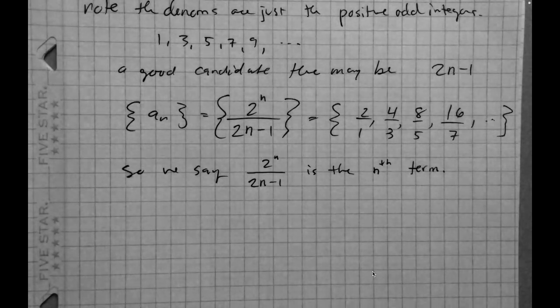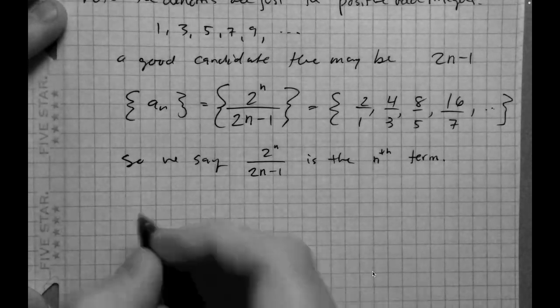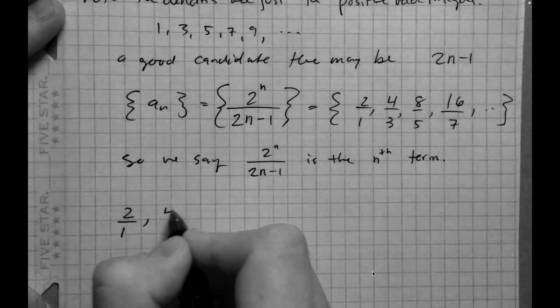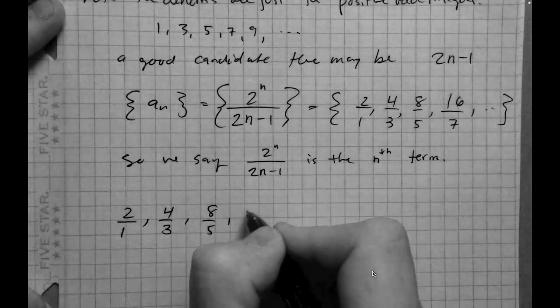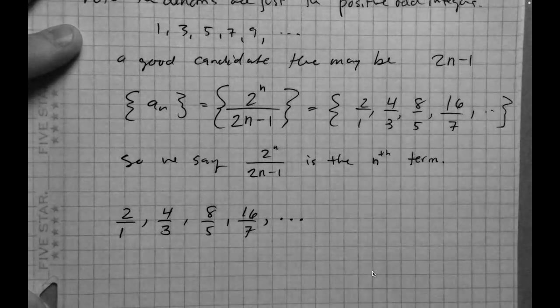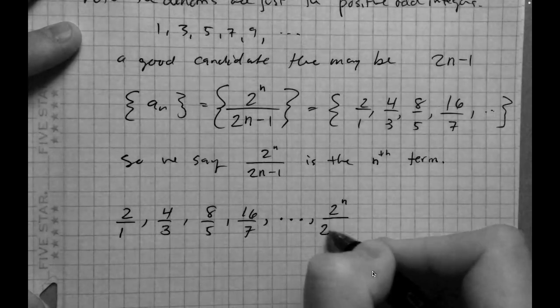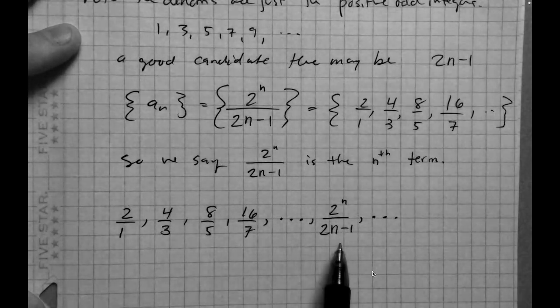Okay, now sometimes that can throw people, so let me just elaborate on what we mean by the nth term. If you can imagine, you've got 2 over 1, 4 over 3, 8 over 5, 16 over 7, dot, dot, dot, and then somewhere out here you're going to have 2 to the n over 2n minus 1, dot, dot, dot. So that's what we mean by the nth term.